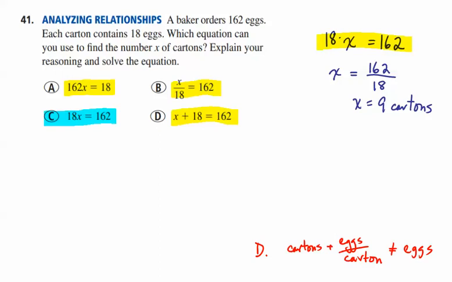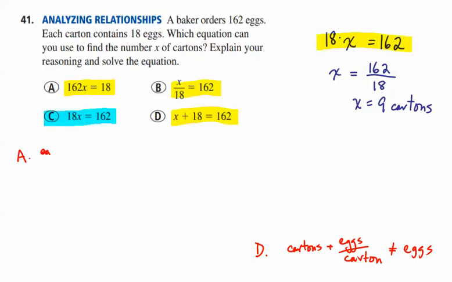Now I'm actually going to go ahead and use the units of measure in each of these equations to show why the other ones could not be the correct answer. So if we look at letter A, we know that 162 refers to eggs.